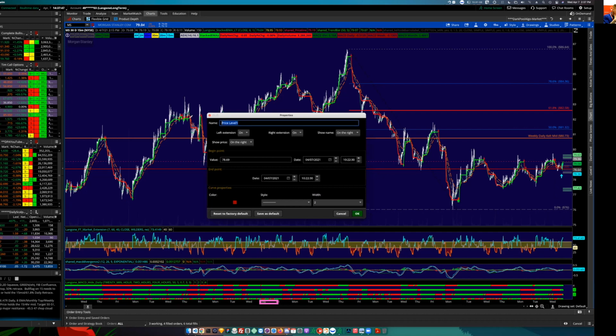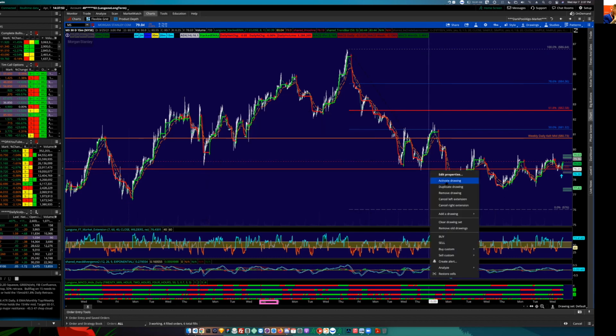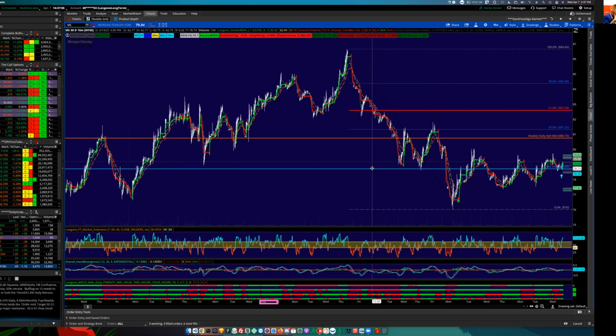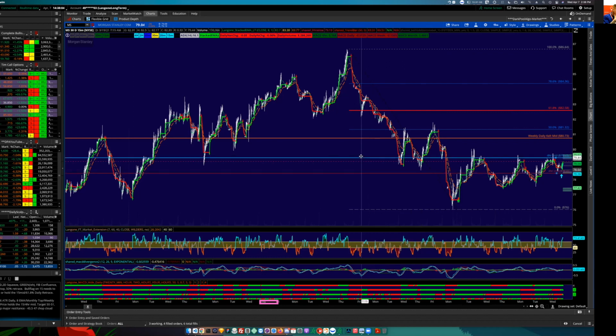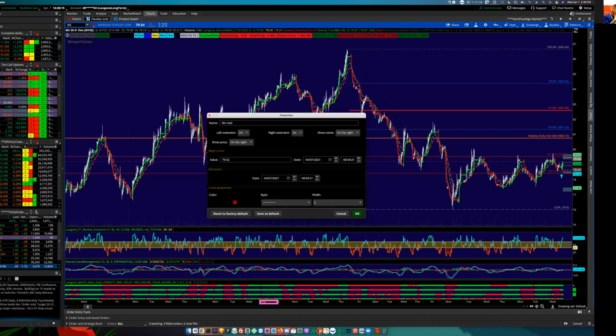It's going to be my 4-hour mid. That's a great support level. 4-hour top at whole number is going to provide some resistance and give us a short-term target.